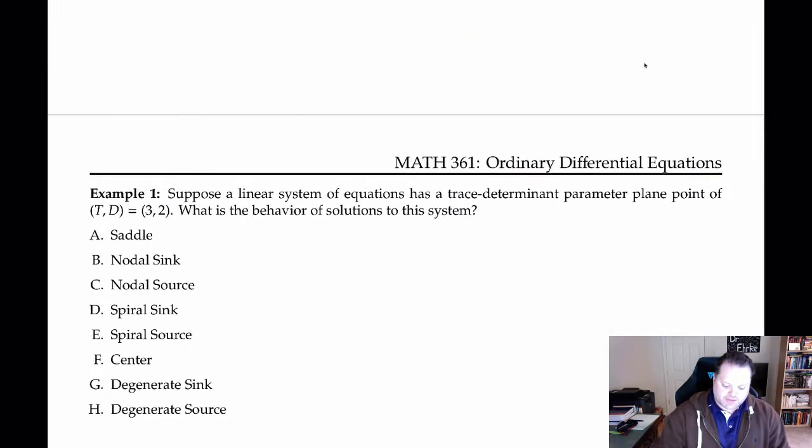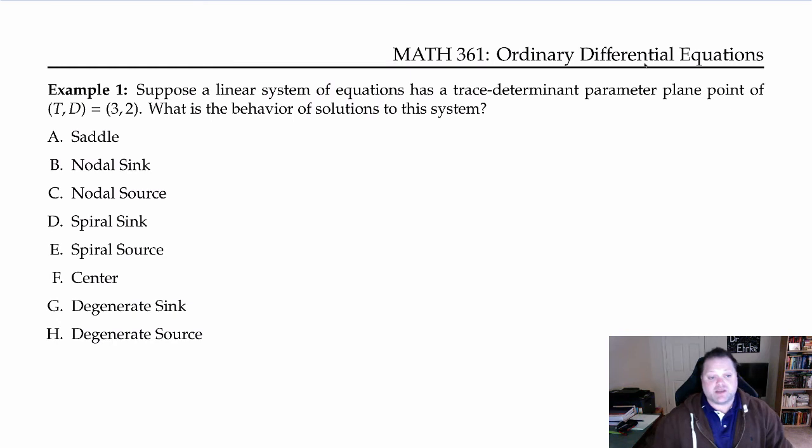All right, so this is the kind of example you could expect on a test or a quiz, what I need you to be able to do with this information. So I'm going to read the question, then I'd like you to pause it, try it yourself, and see if you get it correct. So suppose a linear system of equations has a trace determinant parameter plane point of 3, 2.